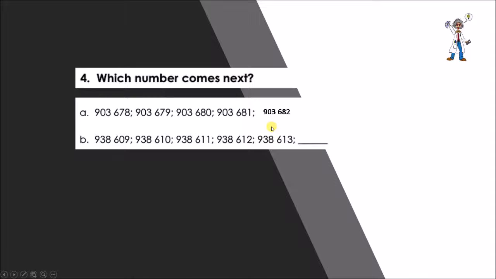So the missing number is 903,682. Exactly the same applies here. We start with a smaller number and we increase by 1 every time. So the missing number after 938,613 is 938,614.